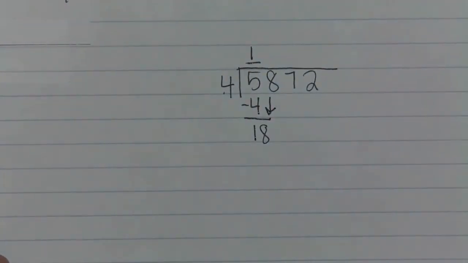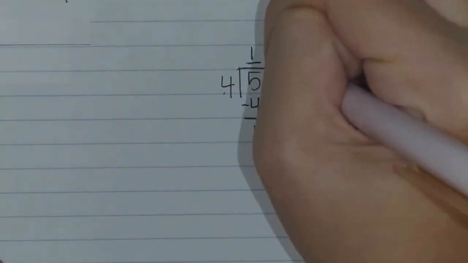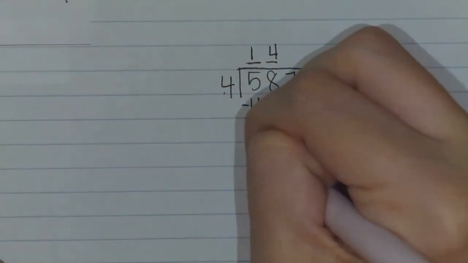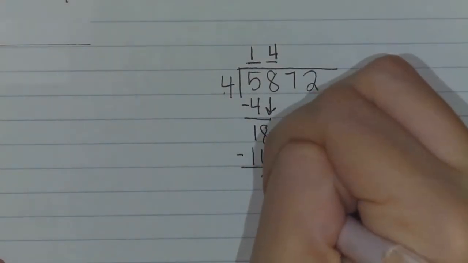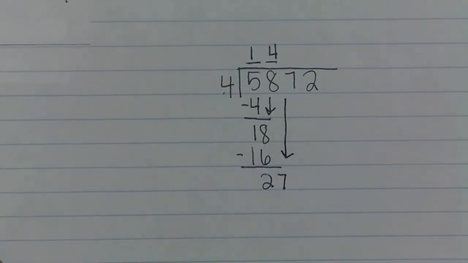So again, does McDonald's sell burgers? 4 will now go into 18 a total of 4 times. Let's multiply. 4 times 4 gives me 16. I'm going to subtract. 18 minus 16 gives me 2. And then bring down the 7. And then we start all over again.